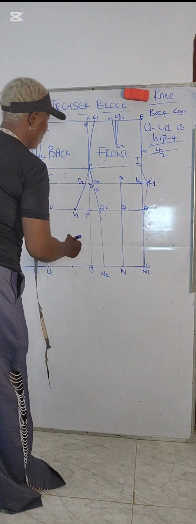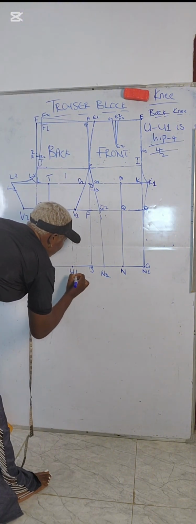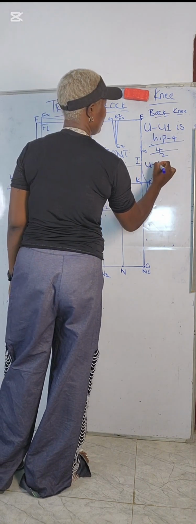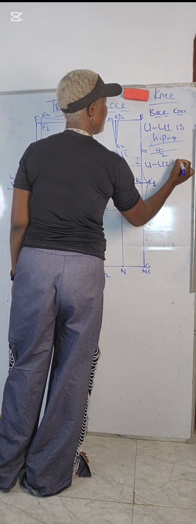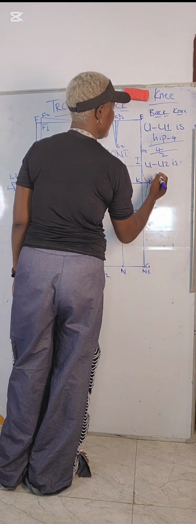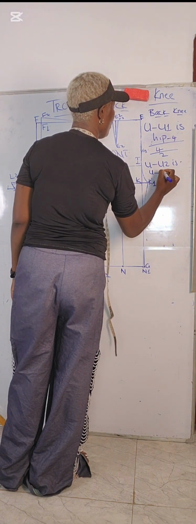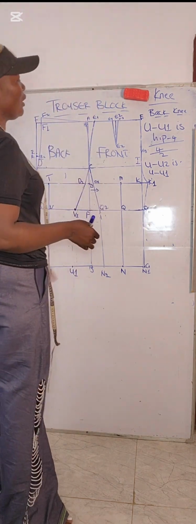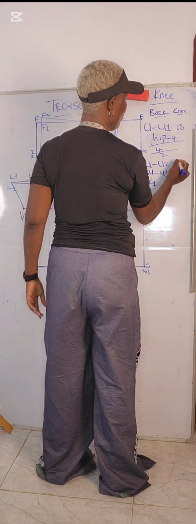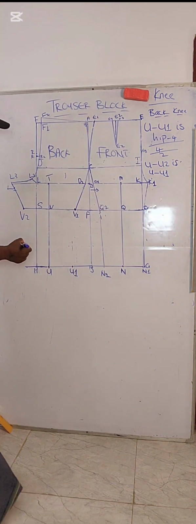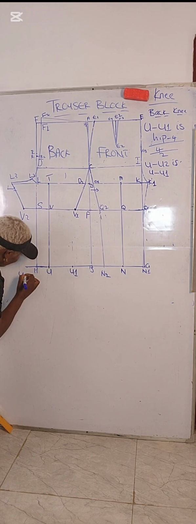I'll have here Q1, U1. U to U2 is U to U1. So here is my U1 and here is my U2.